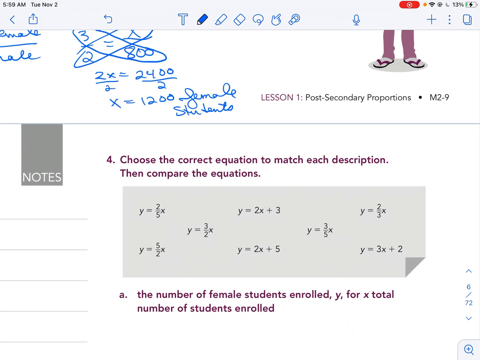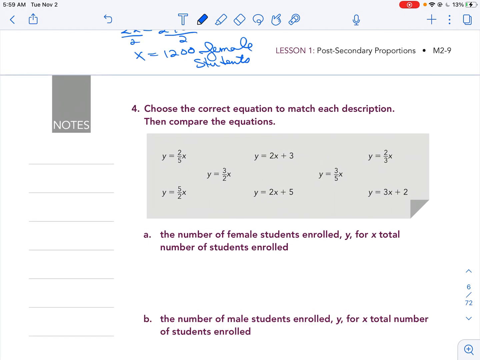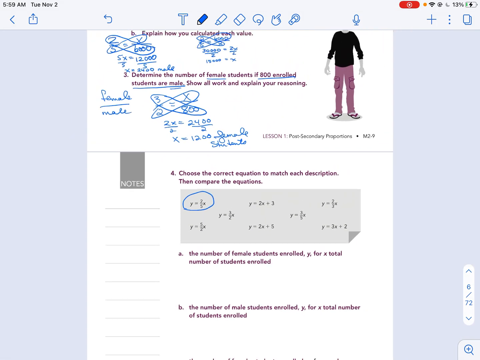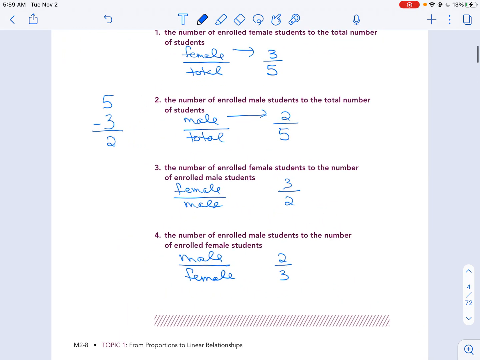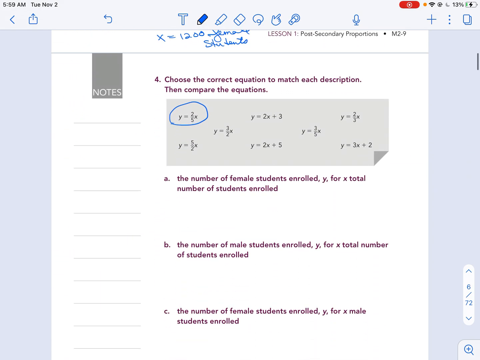Now, we are going to find the comparison for the equations. So when we talked about 2 to 5 up here, what were we talking about? If I come back to this page, when I was talking about 2 to 5, I was talking about male to whole.